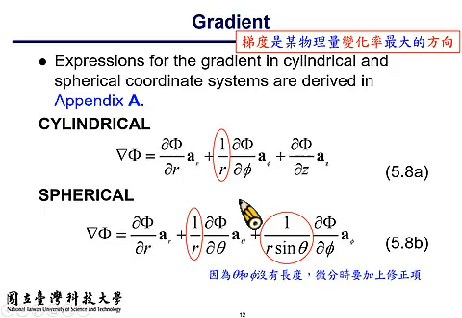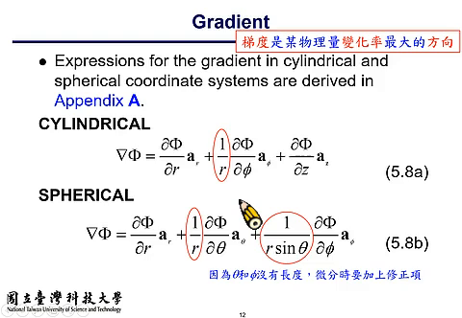On the other hand, for the gradient operator in cylindrical and spherical coordinates, the expression is a little bit more complicated. As you can see, I marked the extra parameters that are required in the gradient operation in the cylindrical and spherical coordinate systems.